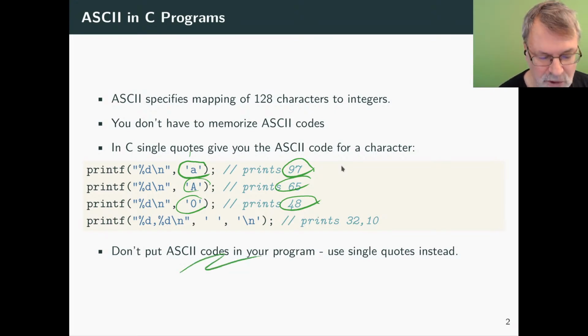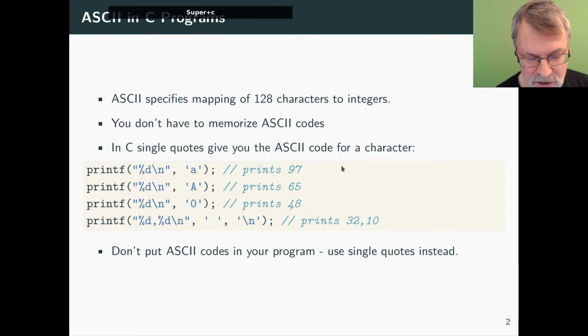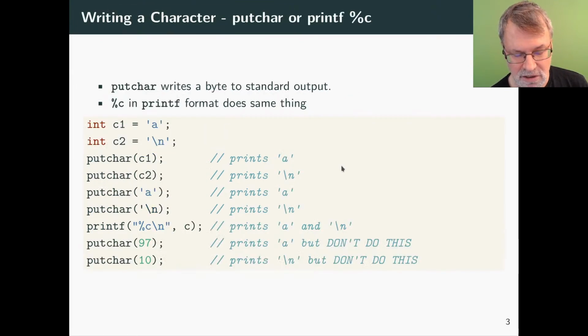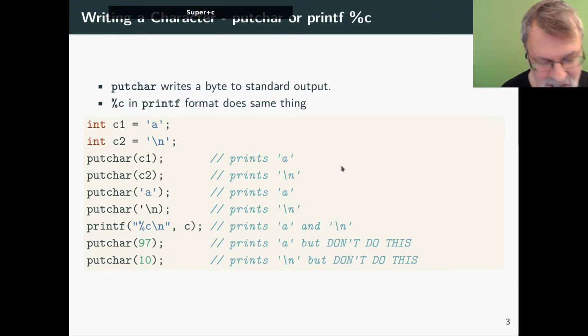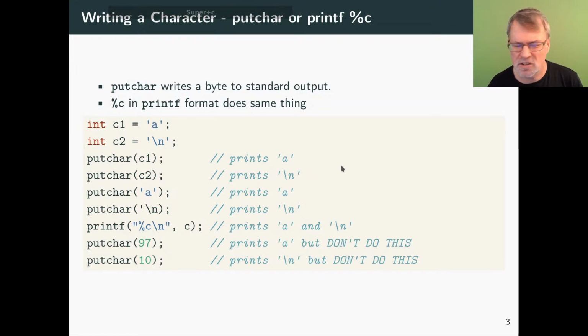Don't ever put the ASCII codes in your program. You'll see me do it in silly examples. Don't do it in general. We saw a new function, putchar, to output a single byte, which we can use if we output an ASCII code, and the character will appear on our terminals. As a side note, the terminal I use, maybe the terminal you use, is probably Unicode capable, so you could output Unicode and see all the other characters.